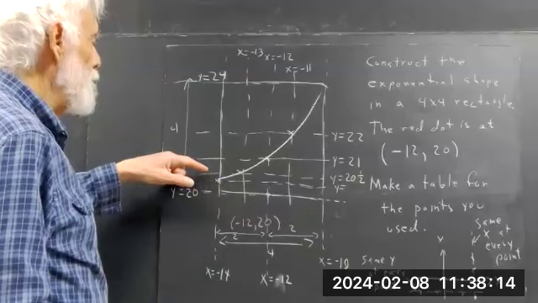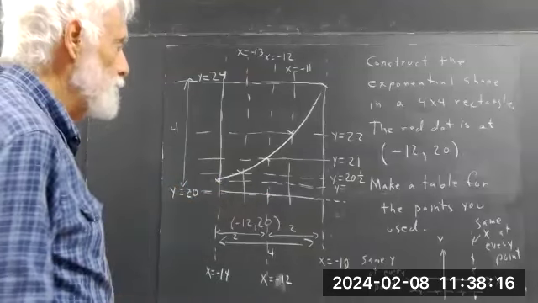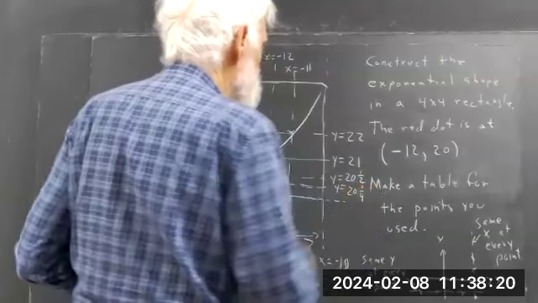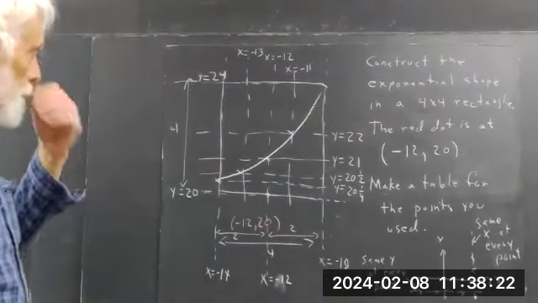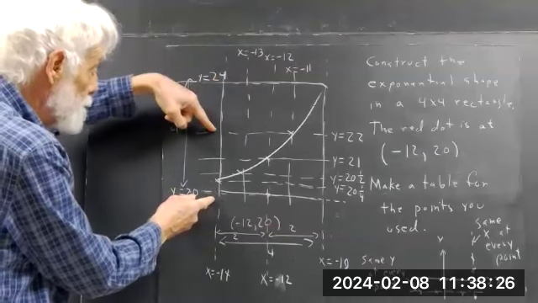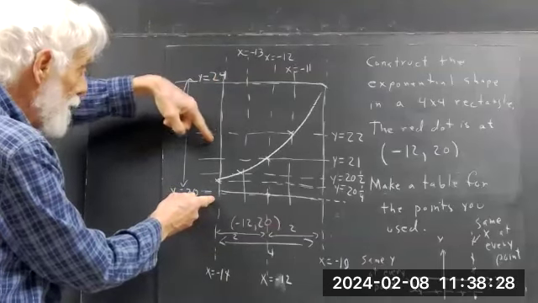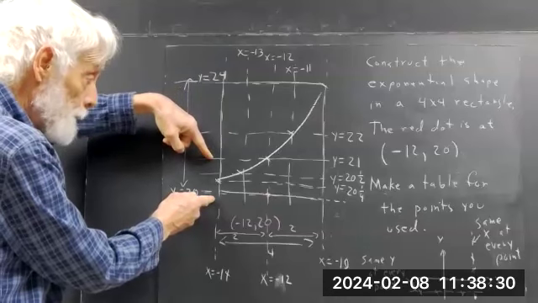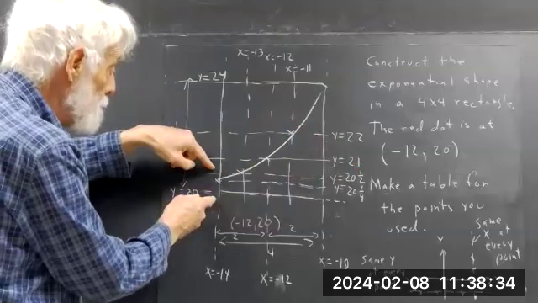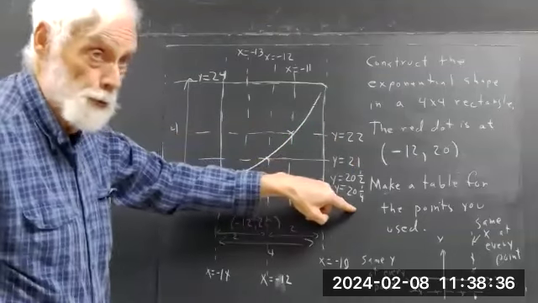Halfway between 20 and a half and 20 is 20 and a quarter. In other words, this distance is 4. This distance is half that, which is 2. This distance is half that, which is 1. Half of 1 is 1/2, and here's where 1/2 comes from, and half of a half is a quarter.